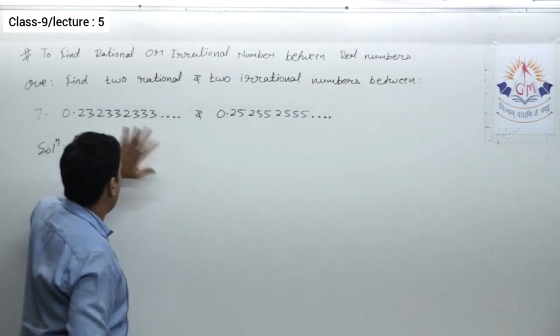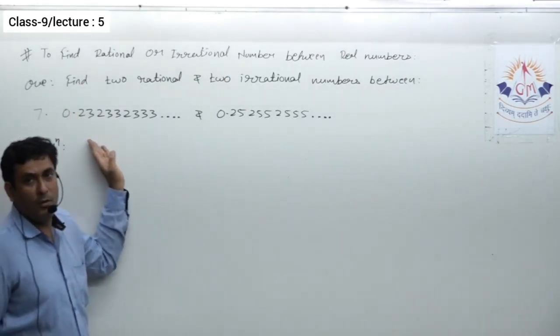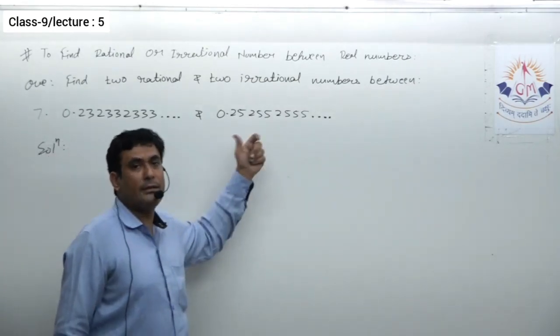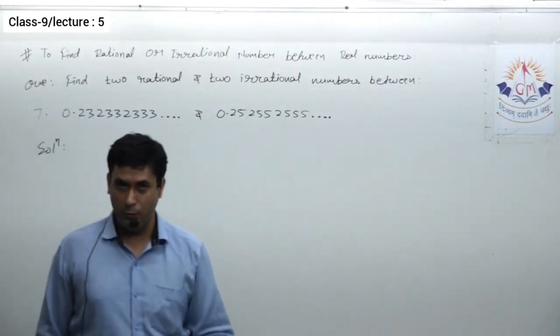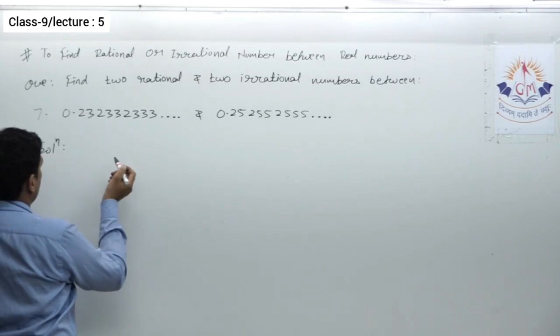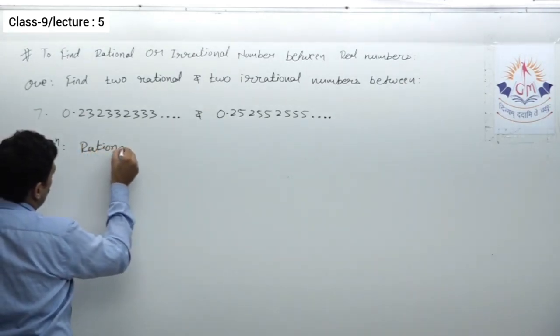Here, if I read it without decimal, this starts from 23, and here it is 25. So between 23 and 25, definitely I have 24. So rational numbers I can directly write between the given numbers.